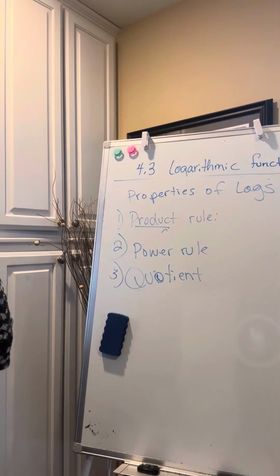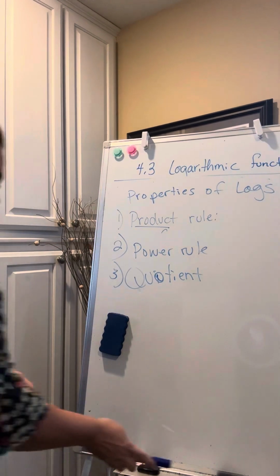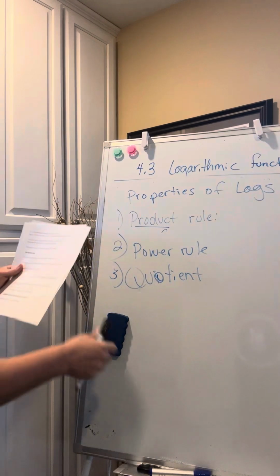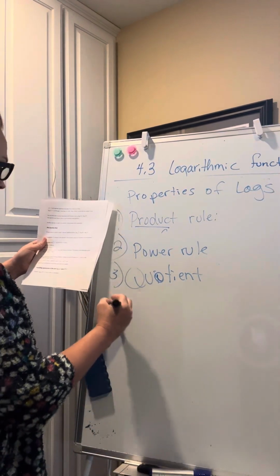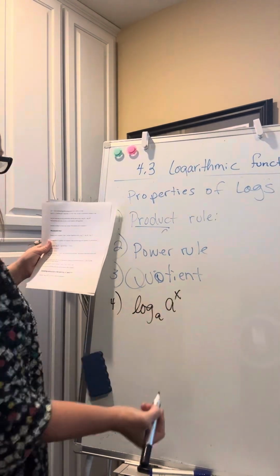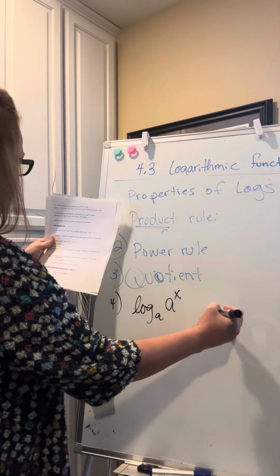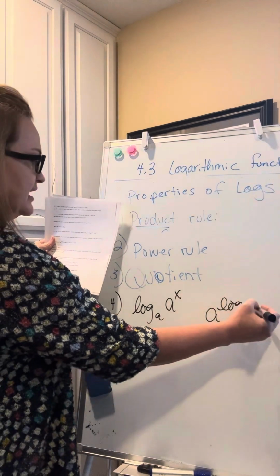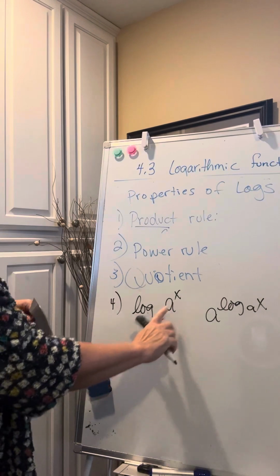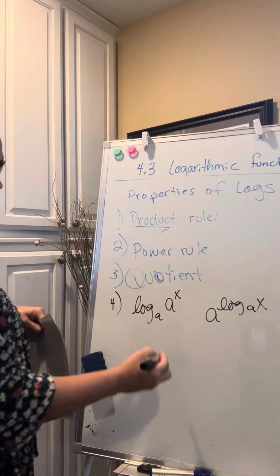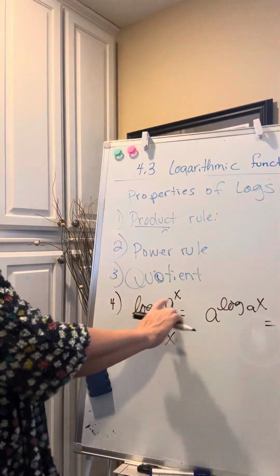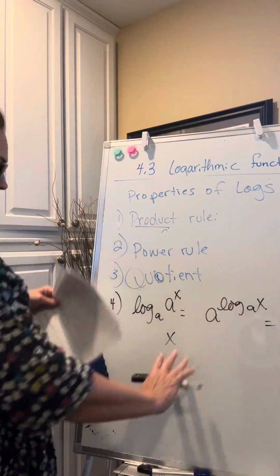The next rule is just a way you might see an expression listed, and how we can write an equivalence of that. So if we had log base A of a to the x, or a to log base A of x, basically these bases cancel each other out and it just equals the x.